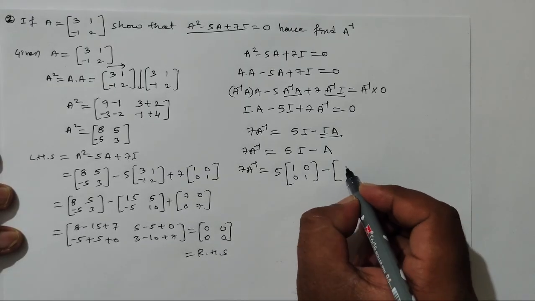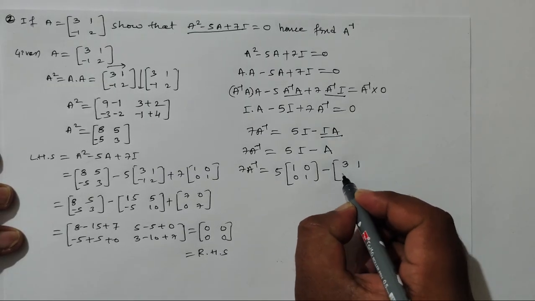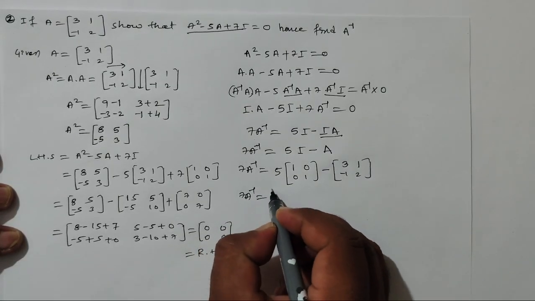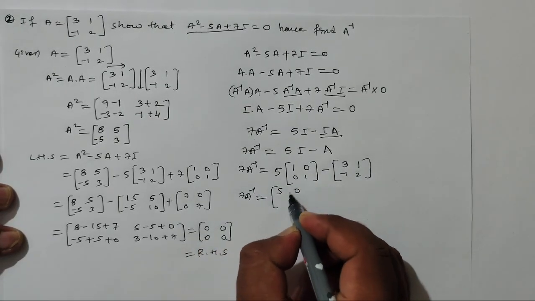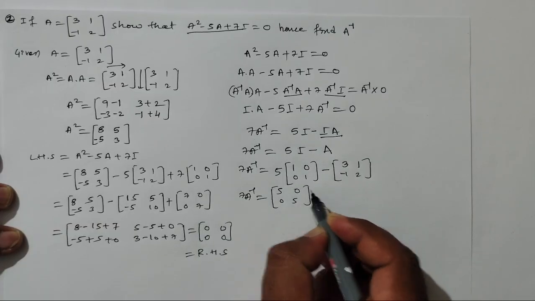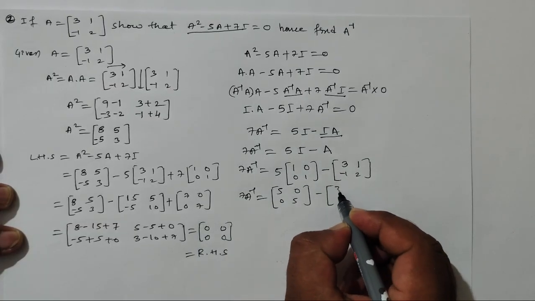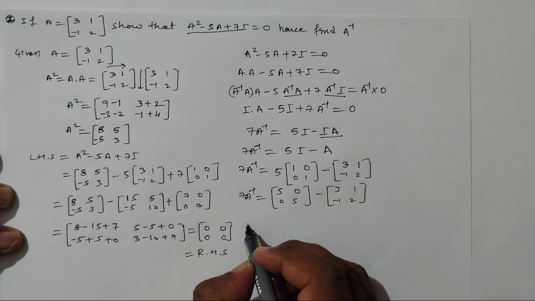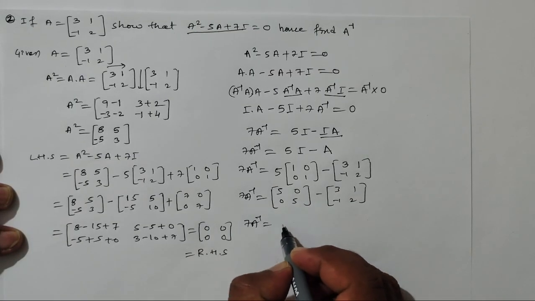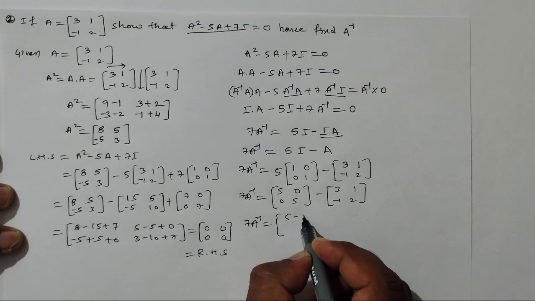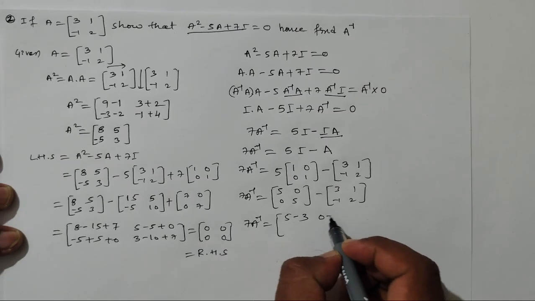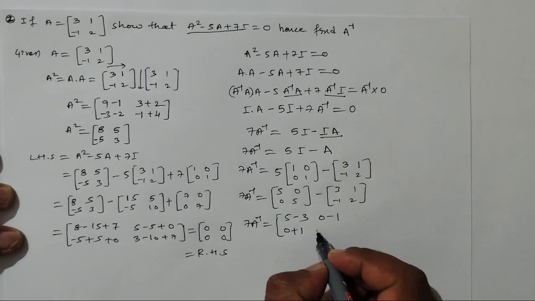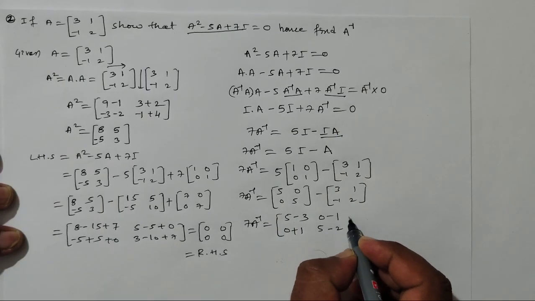A matrix becomes 3 1 minus 1 2. 7A inverse equal to 5 0 0 5 minus 3 1 minus 1 2. Next, 7A inverse equal to 5 minus 3, 0 minus 1, 0 minus minus plus 1, 5 minus 2.